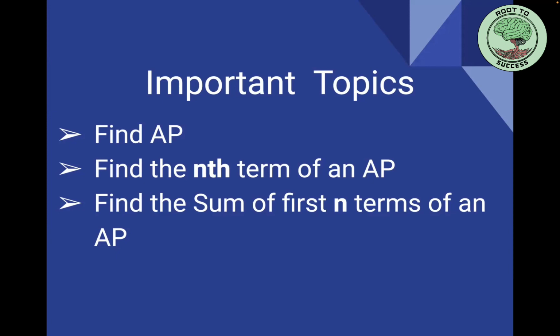Mostly the questions will be for 1 mark, and finding the nth term of an arithmetic progression, the questions will be in 2 marks and 3 marks. And the last topic, that is finding the sum of first n terms of an arithmetic progression, the questions will be in 3 marks.